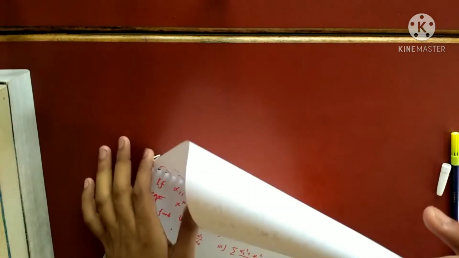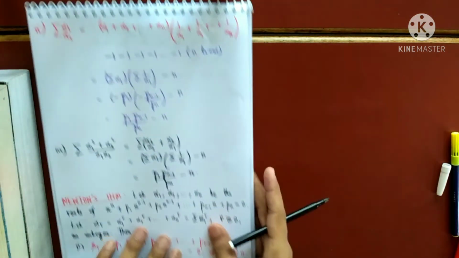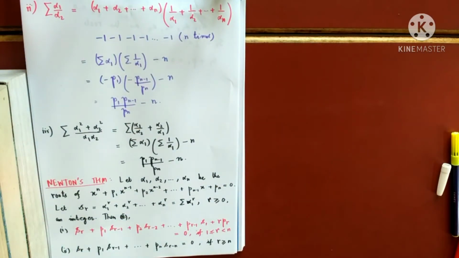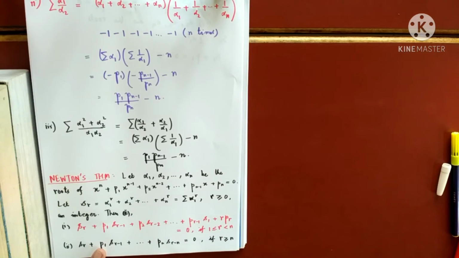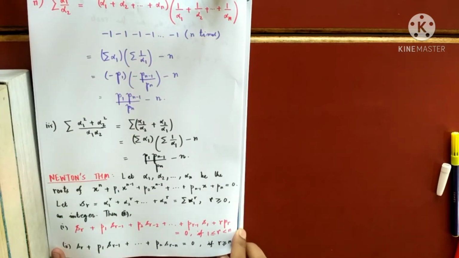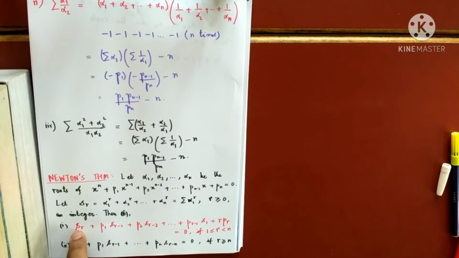Let me show it to you. If I put r equals 1 here, try to understand my point. I'll start with S1 and end where? I'll end at 1 into P1, P1 in simple words.